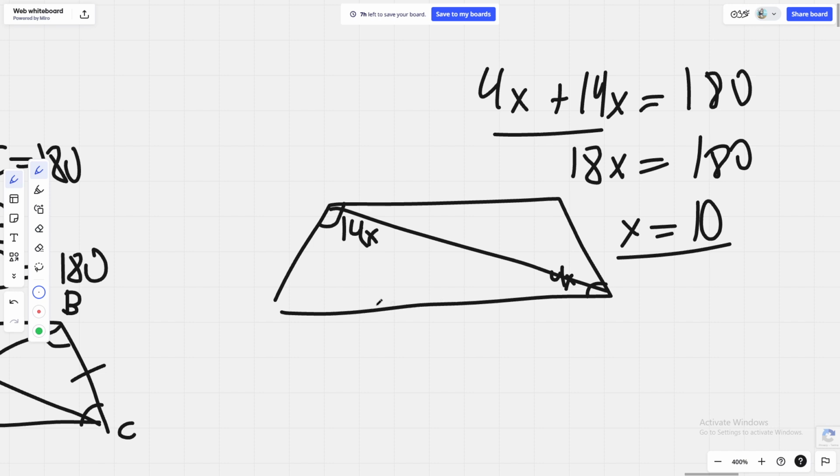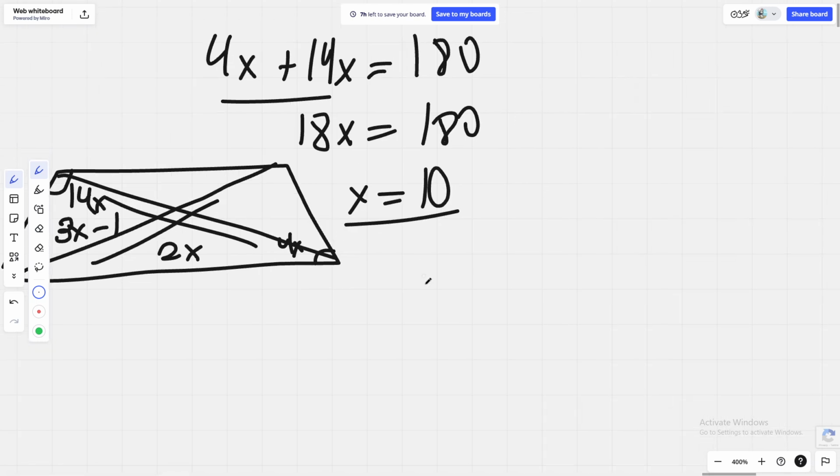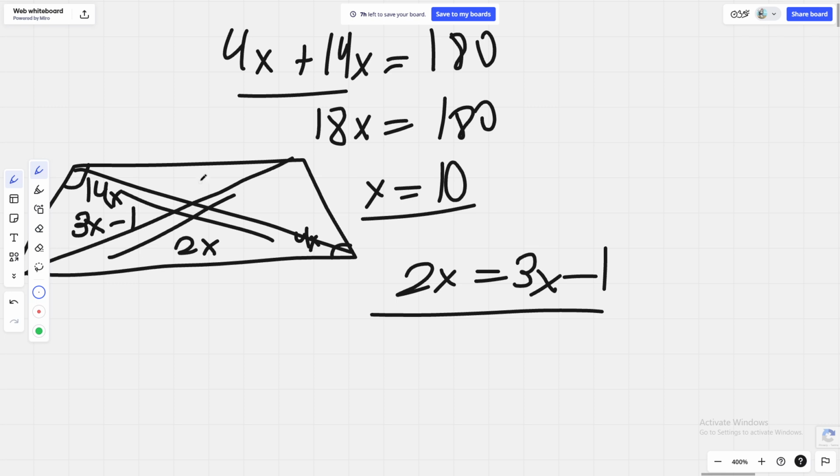If we have the length of a diagonal, so this entire diagonal is 2x, and this entire diagonal is 3x minus 1. So 2x is equal to 3x minus 1, because from the properties, those two are congruent.